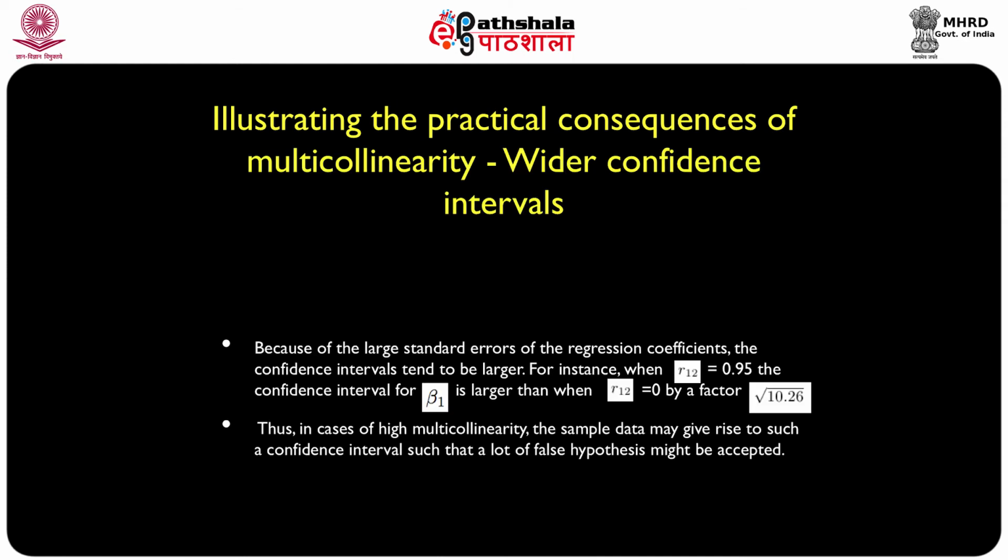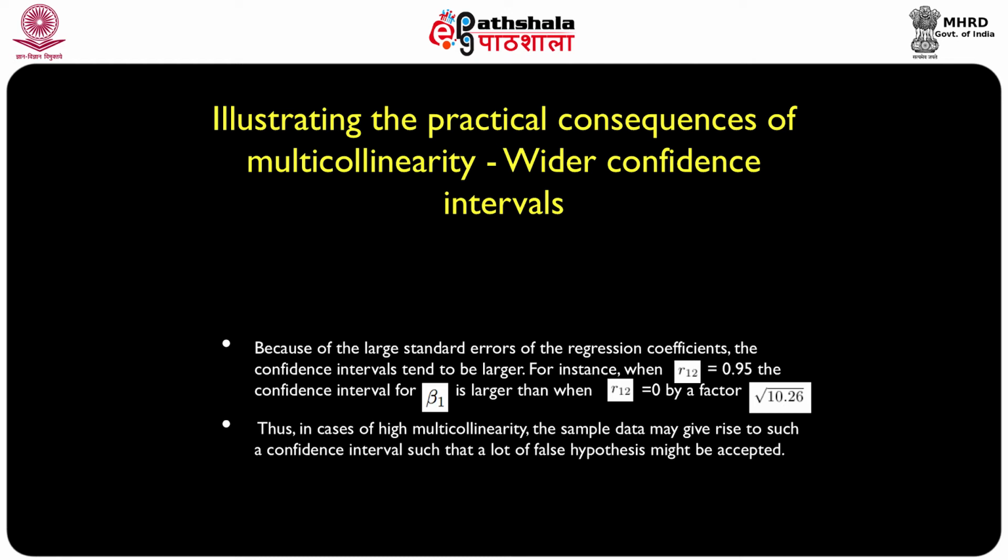Now, let us illustrate the practical consequence of multicollinearity where we have wider confidence intervals. Because of the large standard errors of the regression coefficients, the confidence intervals tend to be larger. For example, suppose the correlation coefficient between x1 and x2 takes the value 0.95, which is very close to 1. Hence, it means that x1 and x2 are highly collinear.